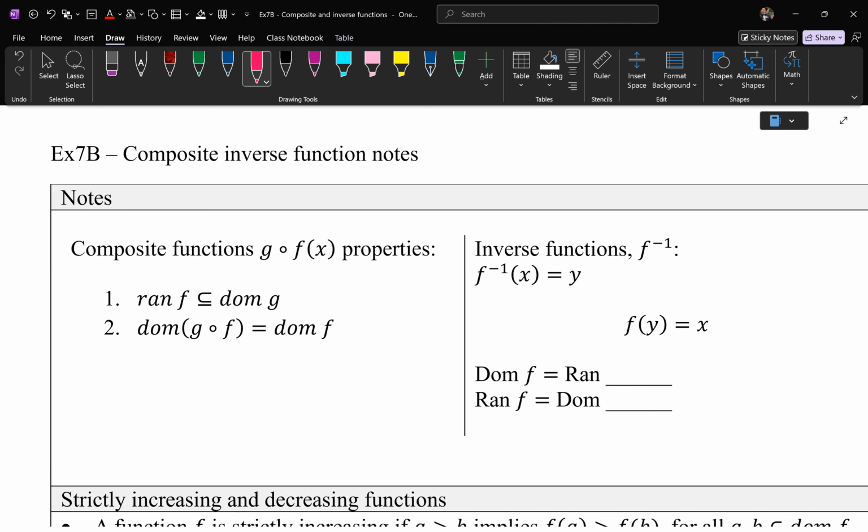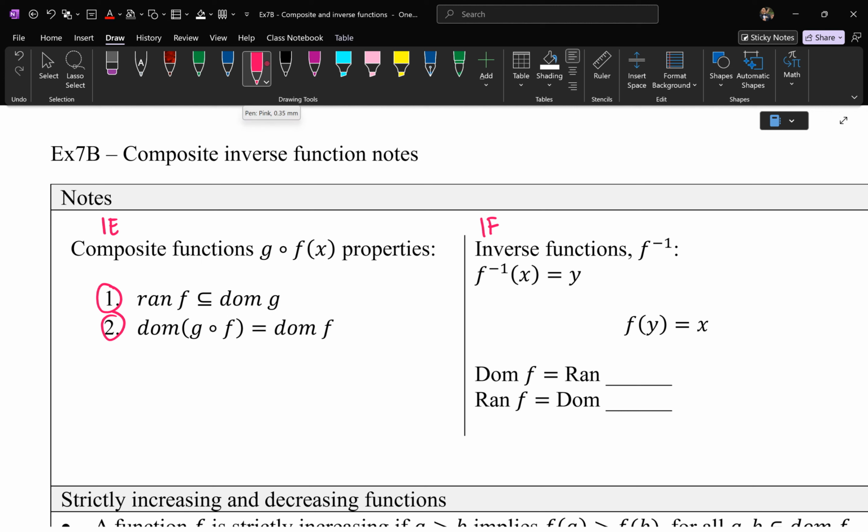Let's revise again Chapter 1. 2 of the key components of Chapter 1. 1E was composite. 1F was inverse functions. These are your 2 conditions for composite functions. And then for inverse functions, we know that it's when f of the inverse equals x, or f of y equals x, by definition.